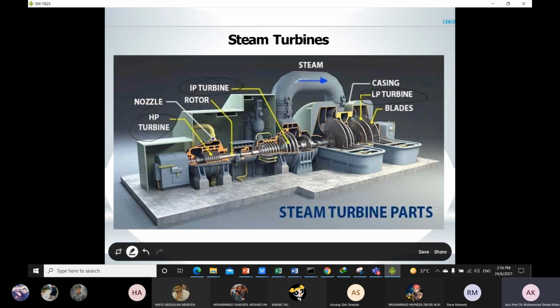For example, if your high pressure turbine is rotating at some speed and the intermediate pressure turbine at some other speed, then it is not good for your generator, because otherwise you will not produce consistent electricity from the generator. That's why all the turbines are connected in a pattern so that the speed of the high pressure, intermediate pressure, and low pressure turbines is the same.